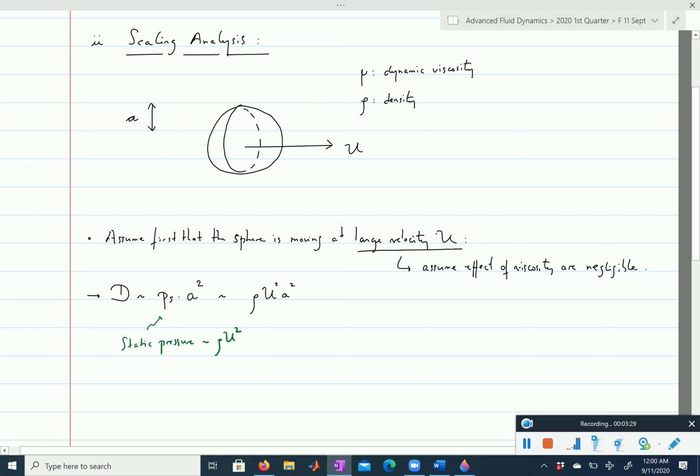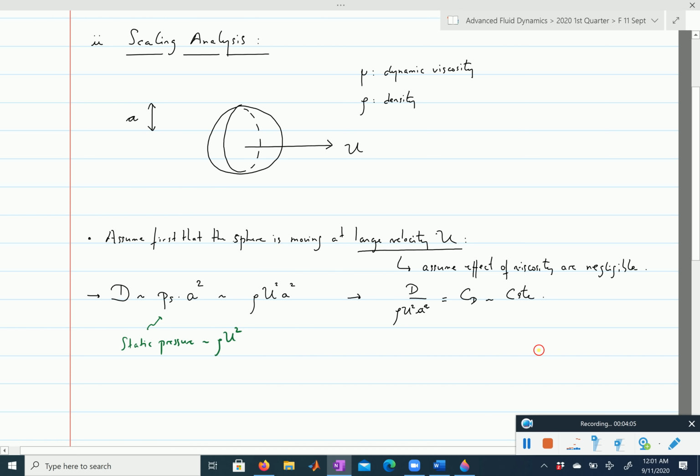We have n, which are the units, equals 3, so p, which is m minus n, is equal to 1, and therefore we know that the one non-dimensional number that comes out of this scaling analysis here is D divided by rho u squared a squared, which is a drag coefficient. And so we know that this is going to be a constant.